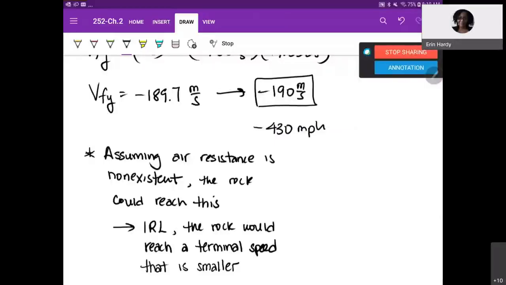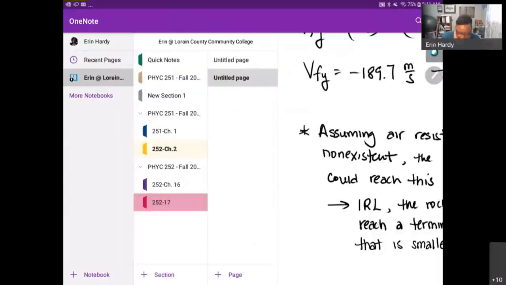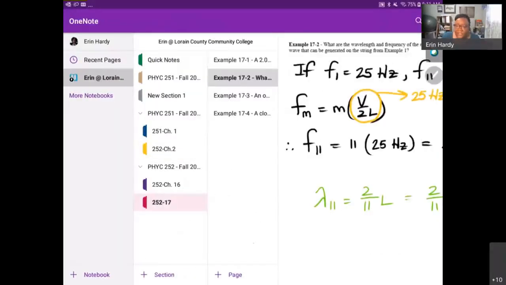Okay, so let's share on this side. OneNote. Okay, so let's switch to the appropriate class.